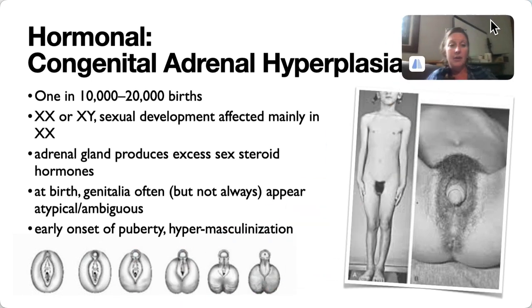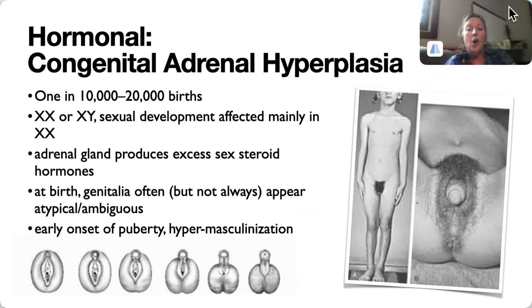Okay, another one. This one is called congenital adrenal hyperplasia. Congenital means with birth. Con means with, and genital, or gen, is genesis, creation. So with your birth, this condition was already apparent. Adrenal refers to the adrenal glands, and hyperplasia means overactive or overstimulated.